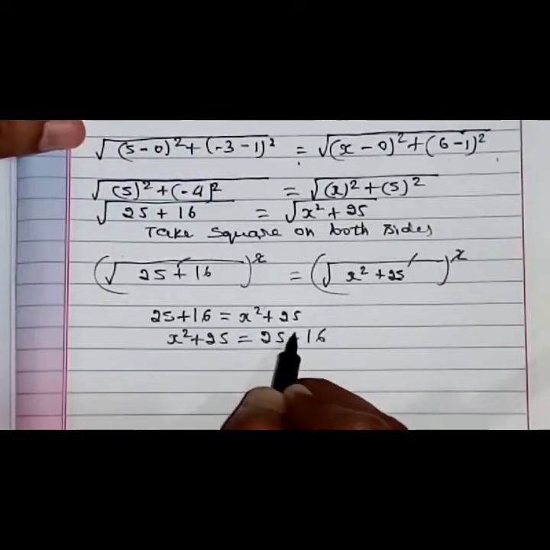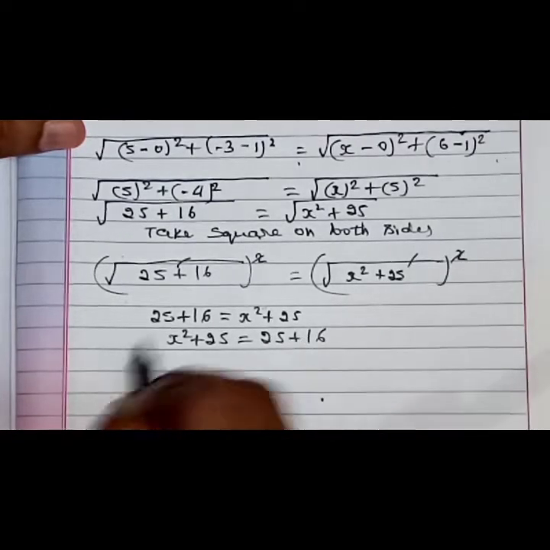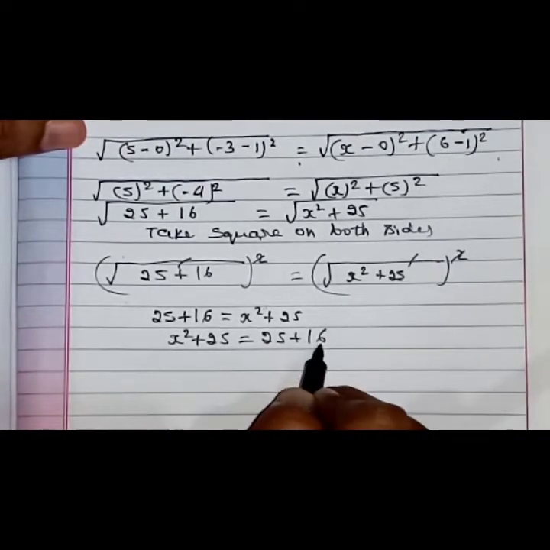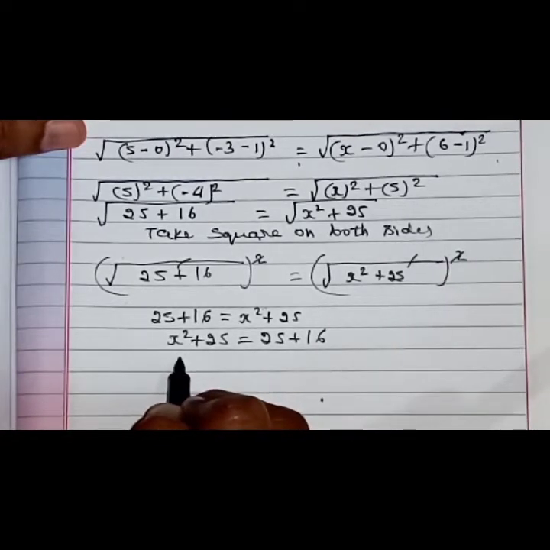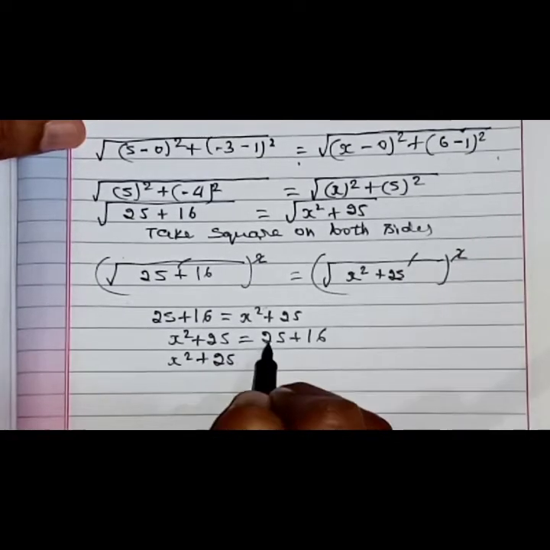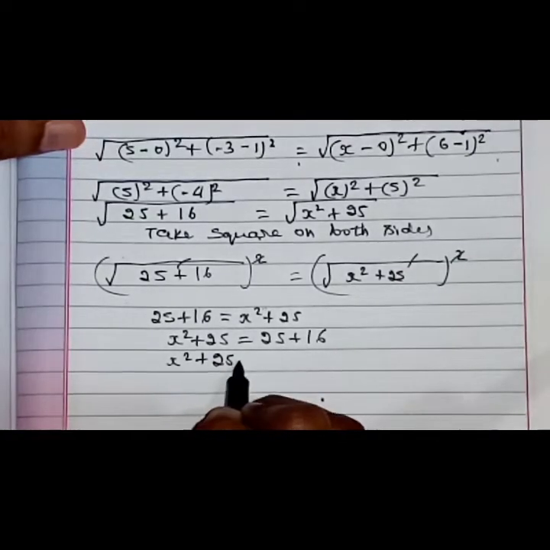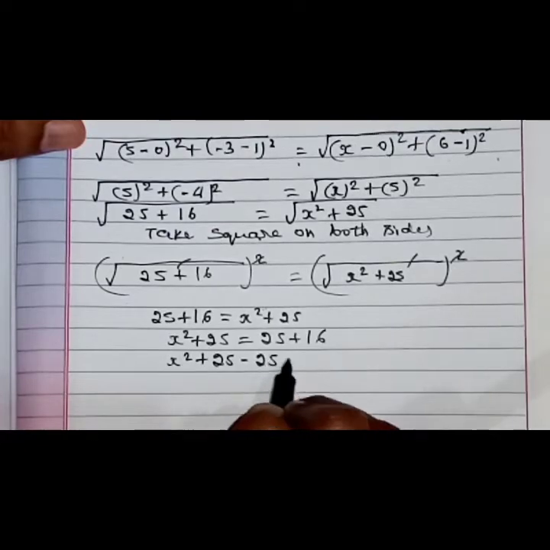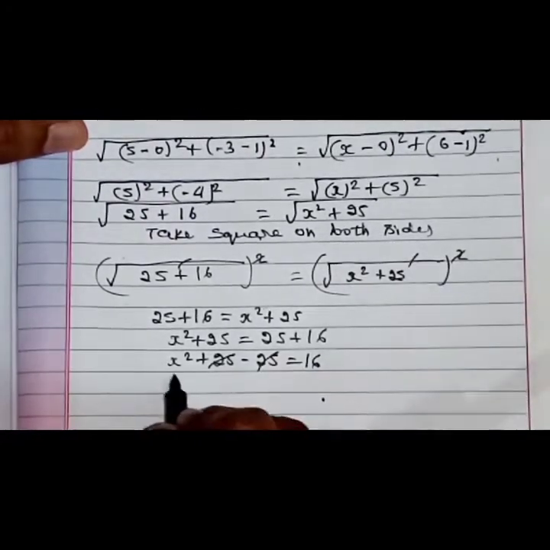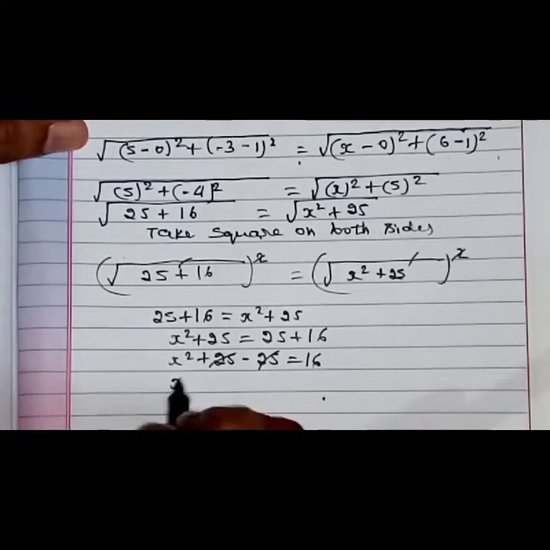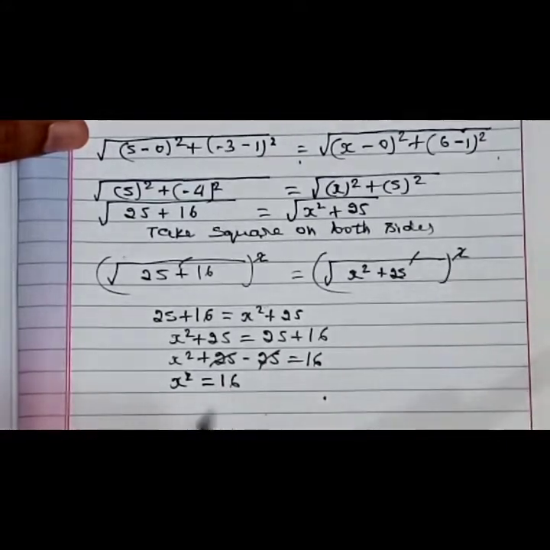Now send the RHS 25 to the LHS, keep the 16 there only, but send the 25 to the left hand side children. So x square plus 25, if you send plus 25 to the left hand side, it will become minus 25 is equals to 16. Right, children? Now plus 25 minus 25 get cancelled. The remaining is x square is equals to 16.